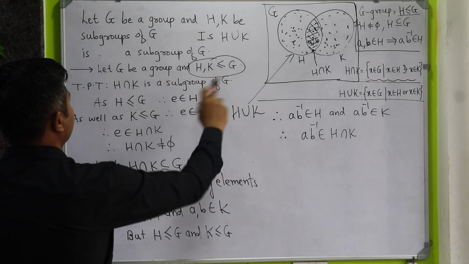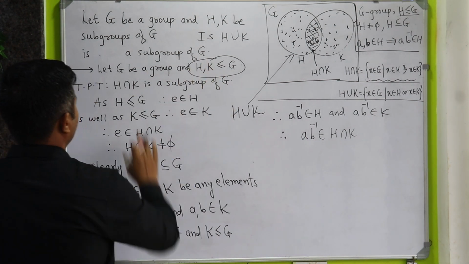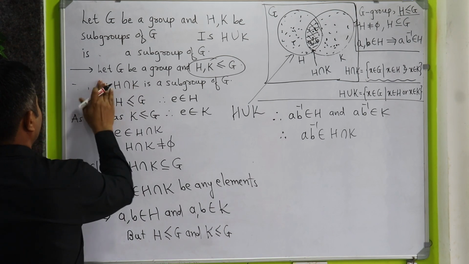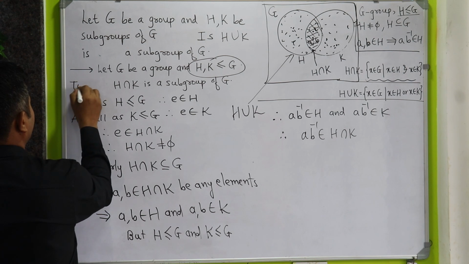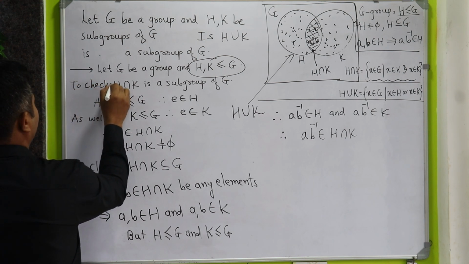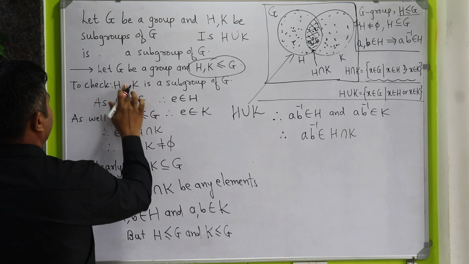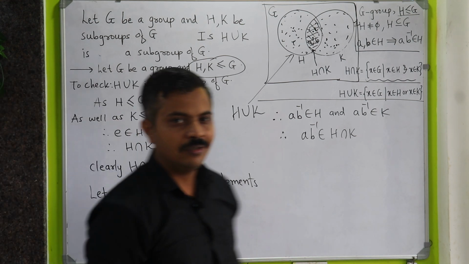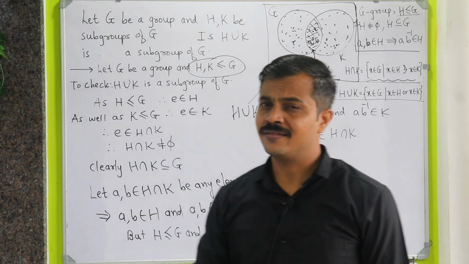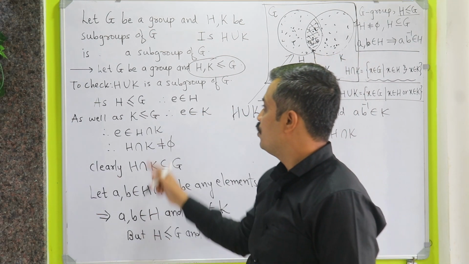So again the given things, G is a group, H and K are subgroups of G and we are checking whether this H union K is a subgroup of G or not. Again the reasoning remains exactly the same.